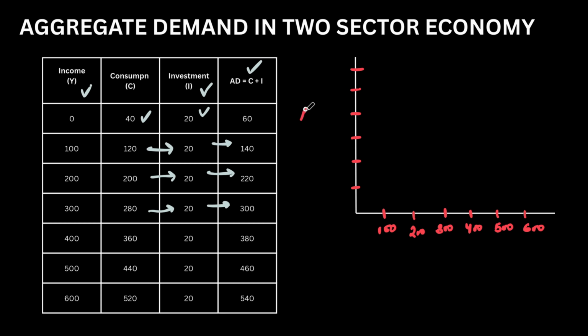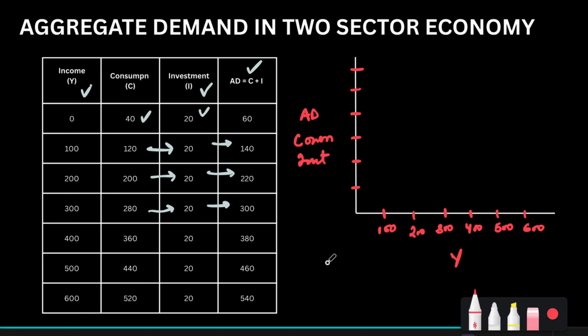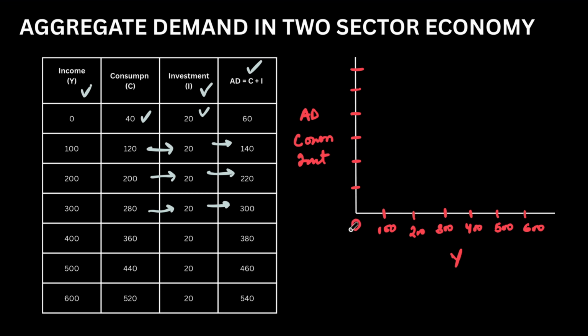We will take aggregate demand components here, consumption and investment, and we will take income on the x-axis. Let's mark them also, 100, 200, 300, 400, 500 and 600. At zero level of income, how much is consumption?